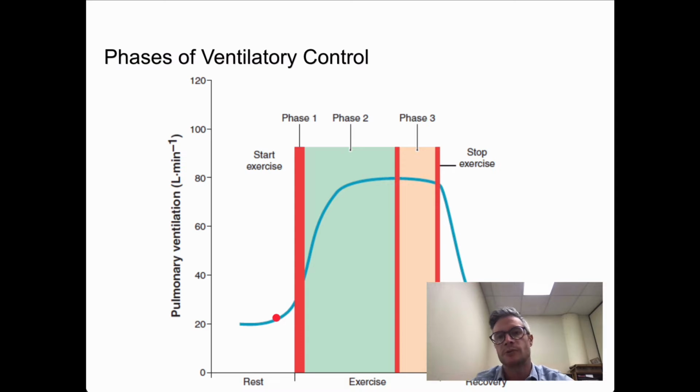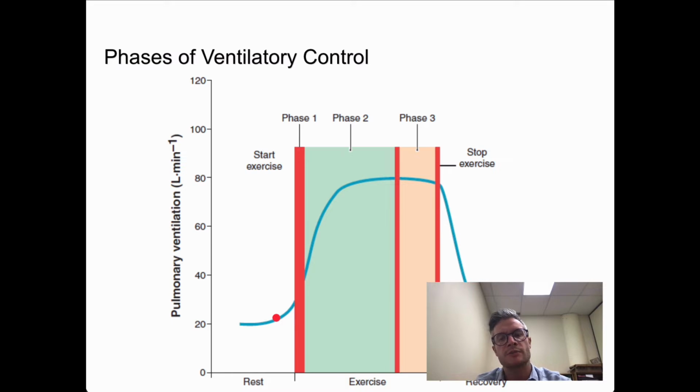But right as we're starting to exercise, our motor cortex will provide signals to our ventilatory center, which includes our medulla and our pons, and that will increase our respiratory rate.